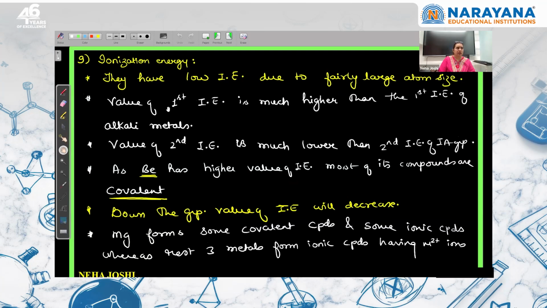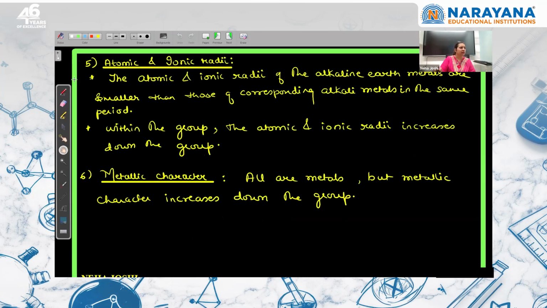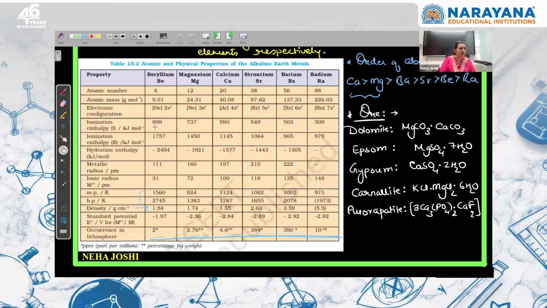Ionization energy. Let me go back to this. I have done a calculation: whenever you go from the first to the second ionization energy, of course there will be an increase. But in the first group, this increase is 4 to 5 times. In this group, I can say it is from 1.91 to 1.96 times.